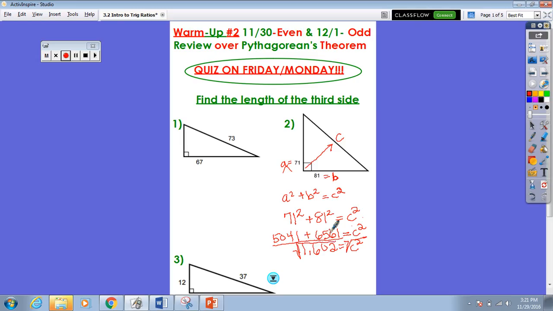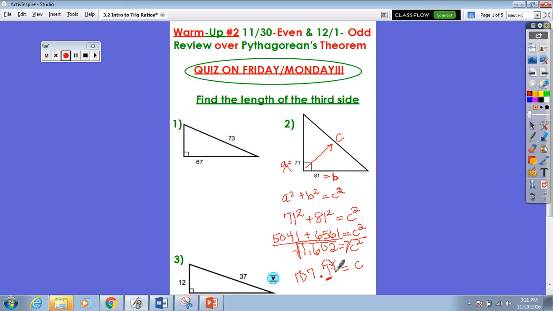So the square root of 11,602 gives me a decimal, so I'm going to have to round it again. So 107.71. And remember, I can only keep one place behind the decimal, so I look back and that's a 1.